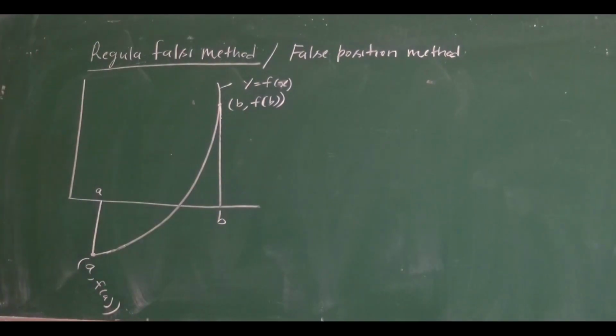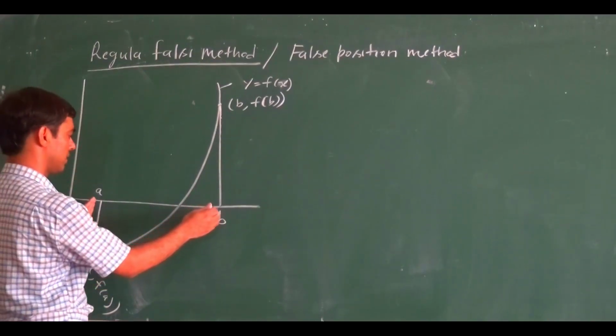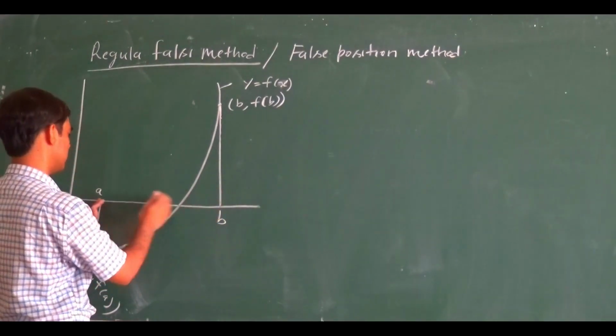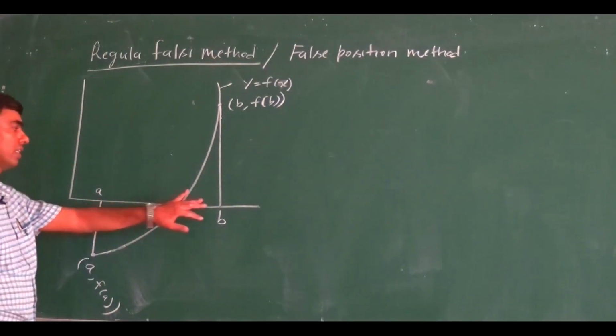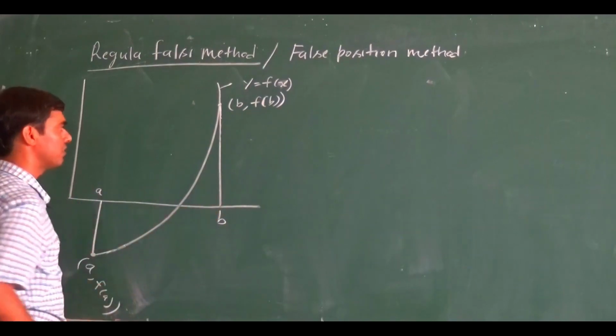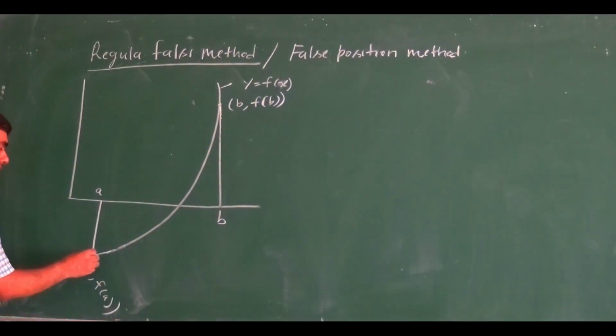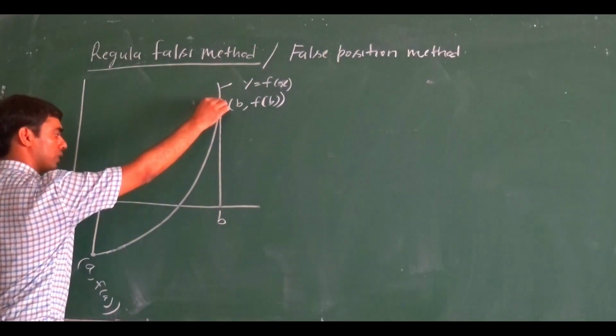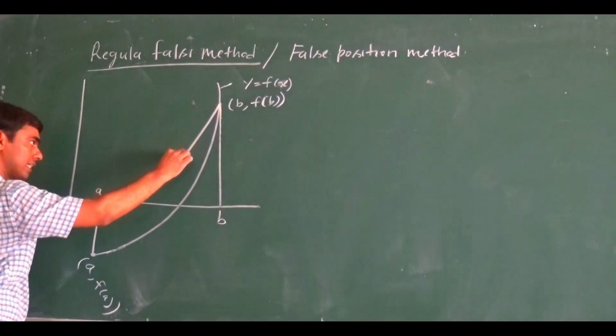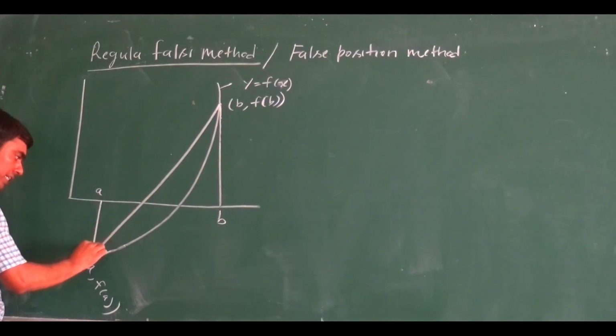Now, what will happen in the Regula Falsi method? In the bisection method, we find the average of these two points, (a plus b) by 2, the midpoint of this interval. But in the Regula Falsi method, we draw a straight line between these two points.